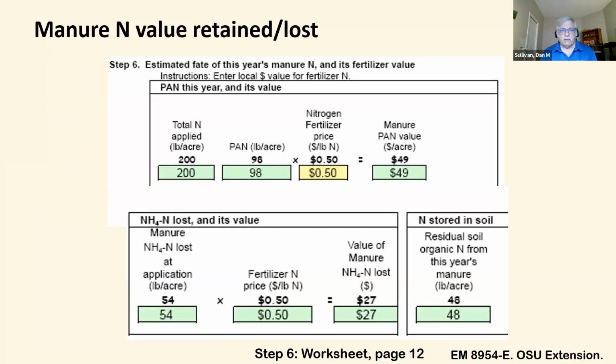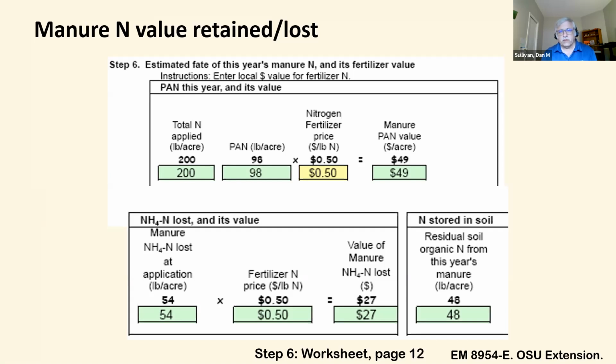Here is an example of some of the output from the worksheet. I'm not showing you the input, but in this case, a total amount of nitrogen, 200 pounds per acre, was supplied. The worksheet predicts, based on the nitrogen analysis of the manure, that 98 pounds per acre are plant available. We have some economics here.